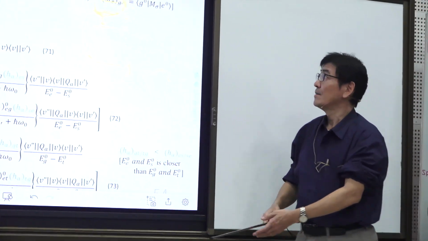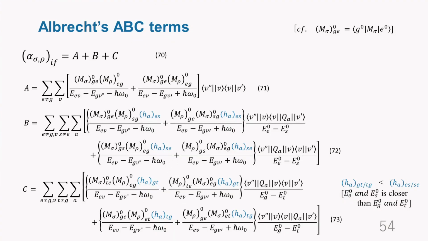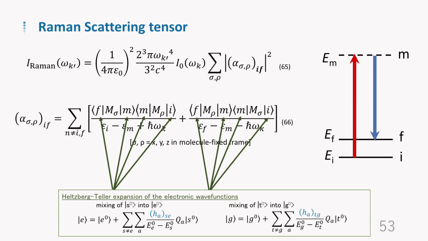Then it's obvious. The energy level is closer between E and S. And when it mixes into G, we call it T1, T2, T3 or something. But the energy spacing between G and T is large. In that sense, H_A GT is smaller than H_A ES because of the denominator.